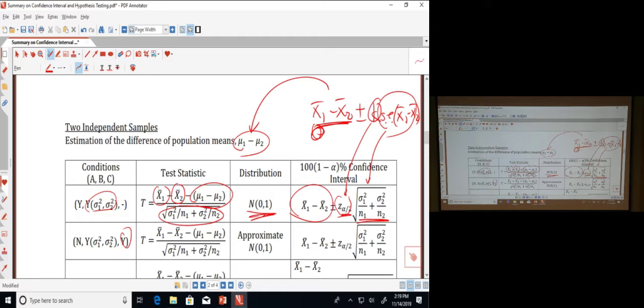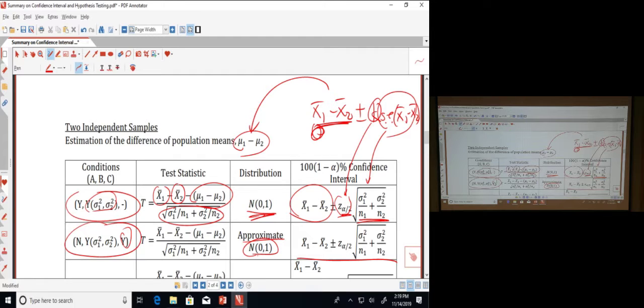Apply the central limit theorem and the weak law of large numbers. By the central limit theorem, approximately normal. So we can see that it's the same. All right. So in other words, if I want to save my one piece of A4 size help sheet, I can combine these two, exactly the same, except this one I call approximate. Then I just combine these two conditions.